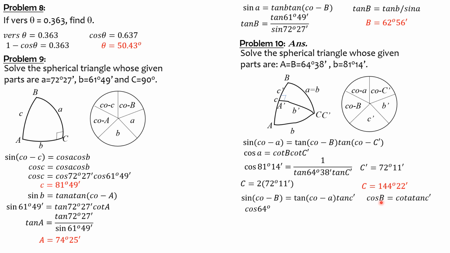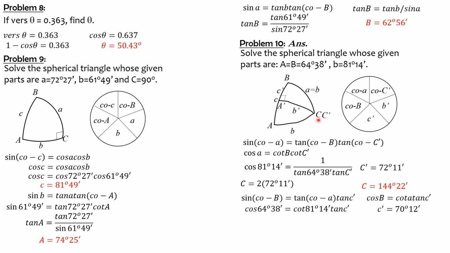So cosine of 64 degrees 38 minutes equals cotangent of 81 degrees 14 minutes times tangent of C prime. To solve for tangent of C prime, it is inverse tangent, because this is 1 over tangent 81 degrees 14 minutes. So it is inverse tangent of cosine 64 degrees 38 minutes times tangent of 81 degrees 14 minutes. Then C prime can now be solved. It is equal to 70 degrees 12 minutes.